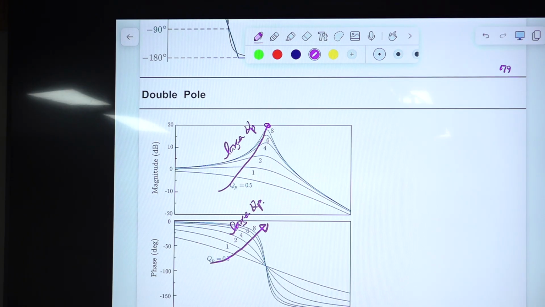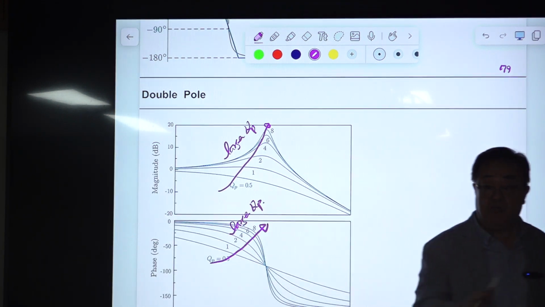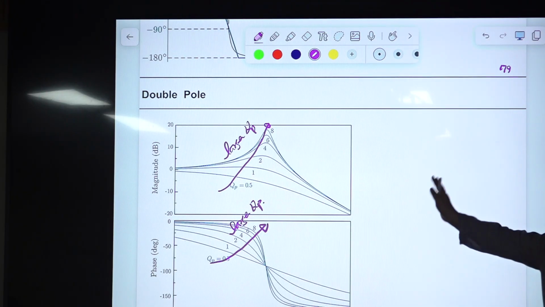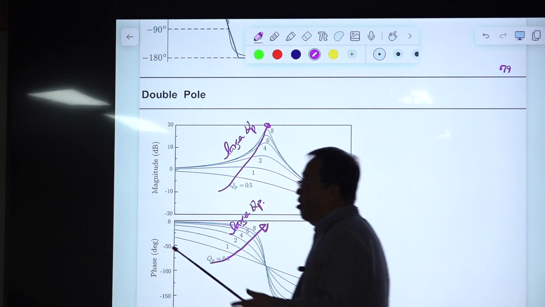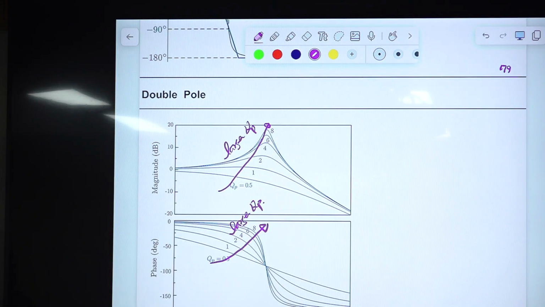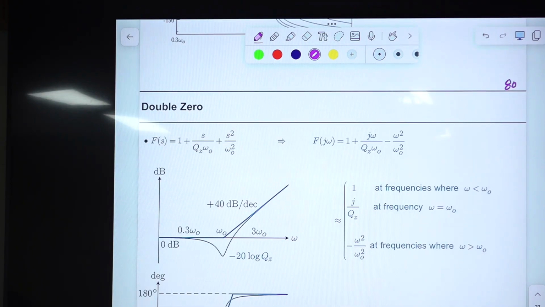So actually, the exact calculation of magnitude and phase is not necessary. That is a kind of overkill. We don't need that. With this knowledge, the frequency response or Bode plot can be sketched with good accuracy. Okay, estimate the peaking and everything. So this is the approach we will take.